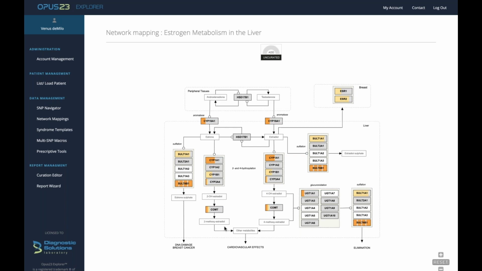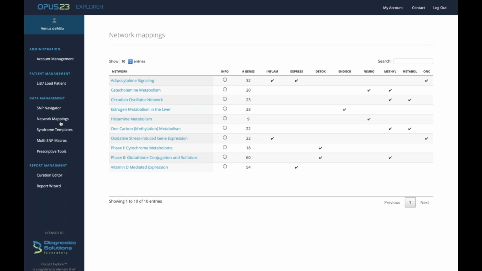So can you go back to the? Oh, I'm sorry. Go ahead, Ralph. No, I'm just saying this allows you to put multiple different tests together. So go back to network maps. This gives an interesting palette of categories here. It's almost like, before the utility was built into the program of the report wizard, this was a categorical kind of thing to pick from and be able to look through different areas of critical metabolism or biochemistry, if you will, by using either network maps or syndrome templates, which you can show in a minute.